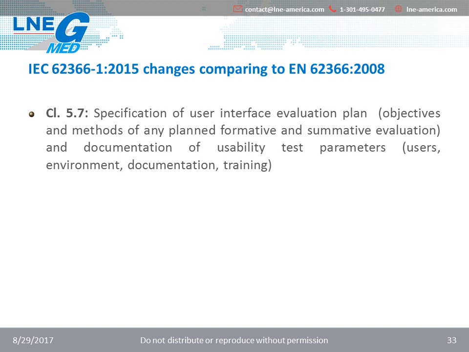Clause 5.7 specifies the user interface evaluation plan, objectives and methods of any planned formative and summative evaluation, and also documentation of usability test parameters, users, environment, documentation, and training.